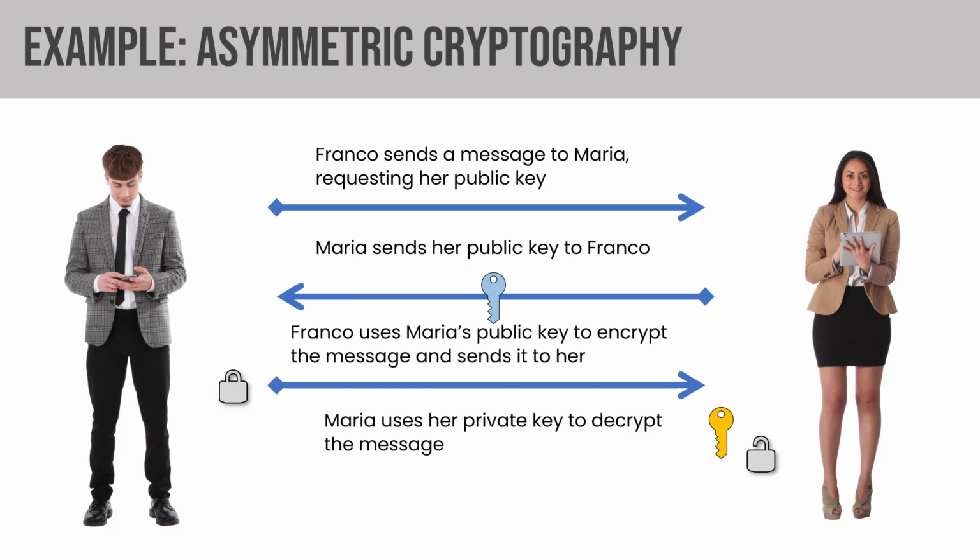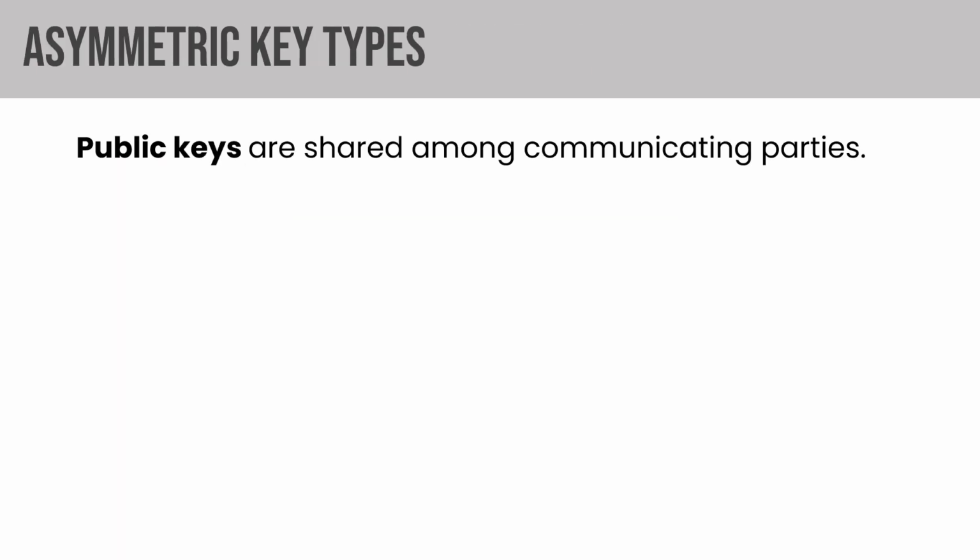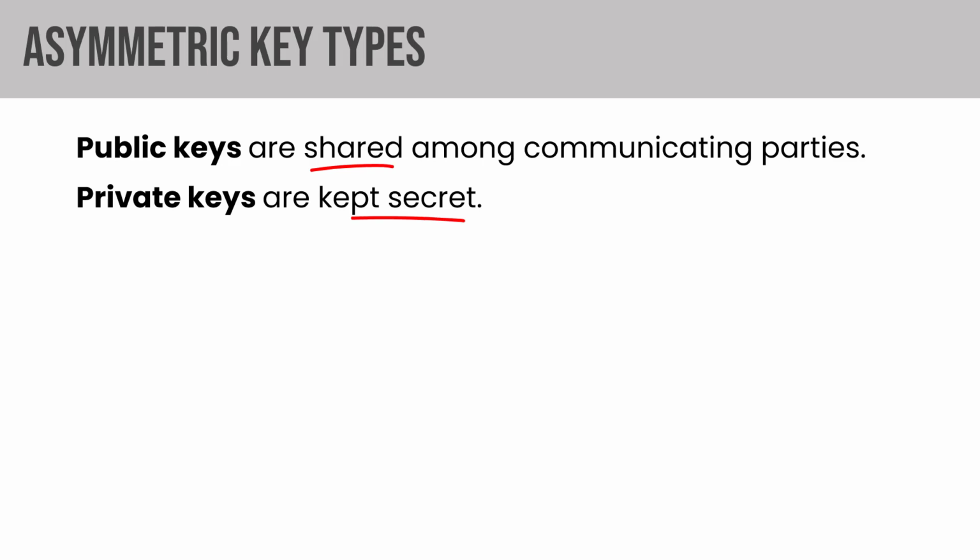Maria is the only one, presumably, who can decrypt the message that was encrypted with her public key because it requires her private key to do so. And the reverse would be true if Maria were initiating this exchange with Franco. Taking this a step further, with asymmetric key types, you have the public keys that are shared amongst the communicating parties and the private keys that are kept secret.